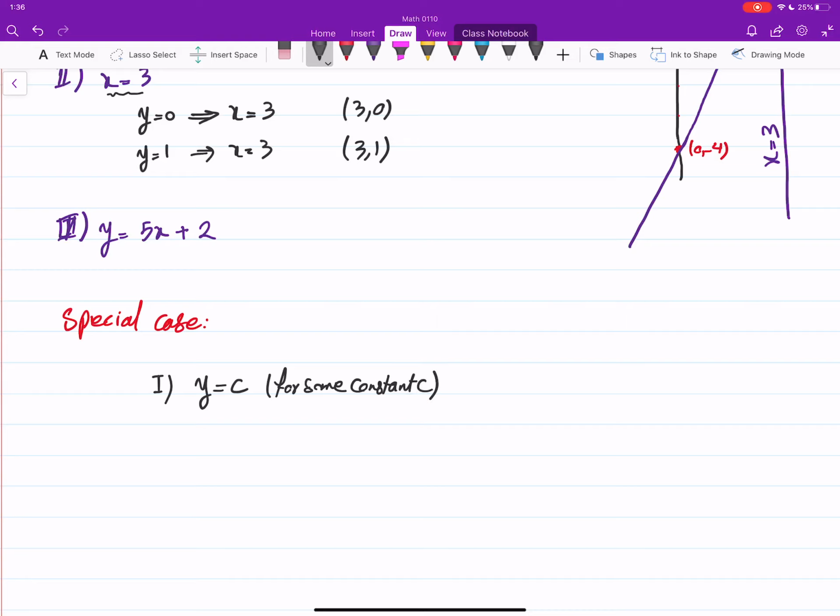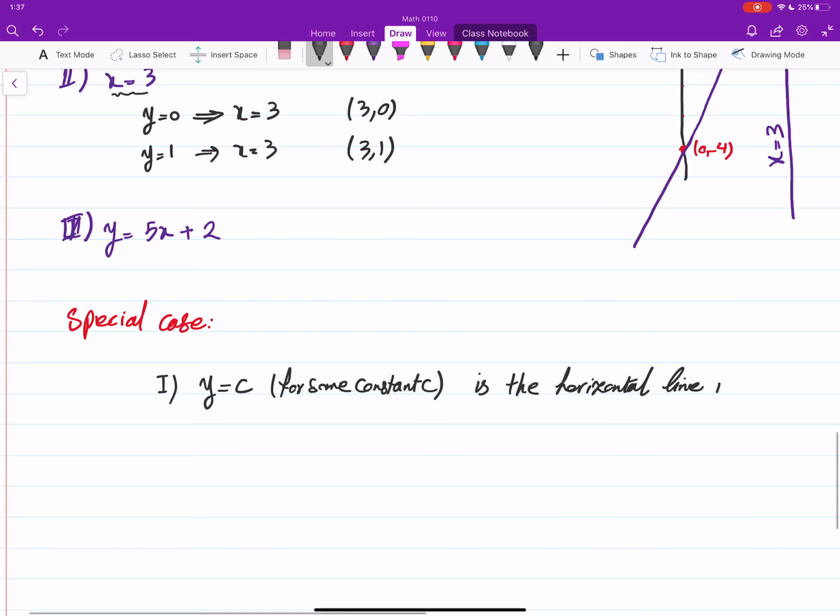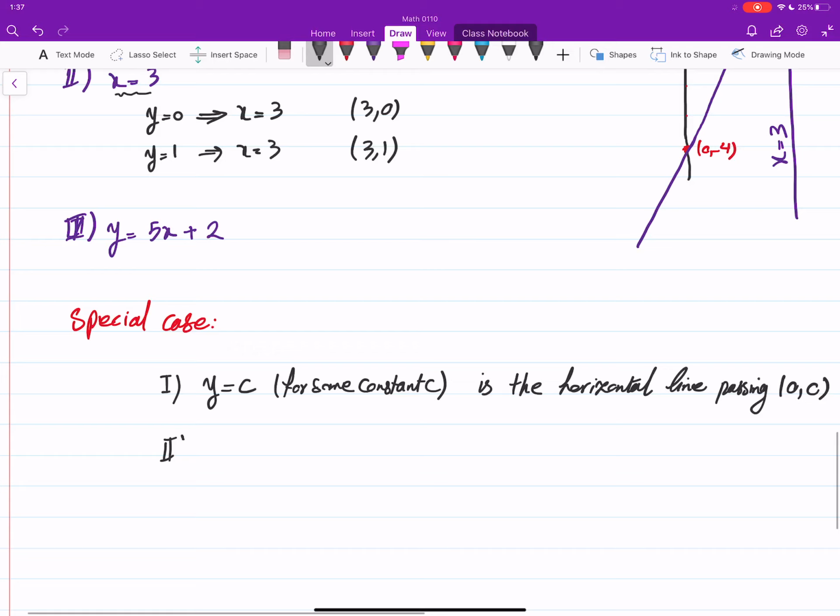If you sketch such a line, you will see that it is a horizontal line. When the line is horizontal, you just need to know one point, passing through the point (0, c). And an equation of the form x equal to c is vertical. So x equal to a constant is vertical.